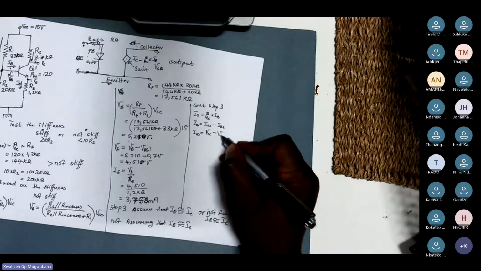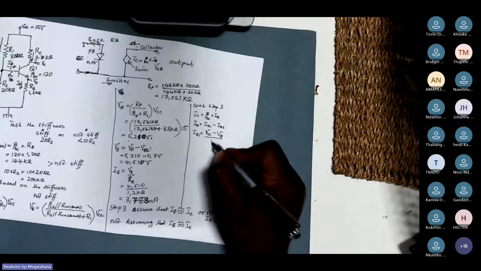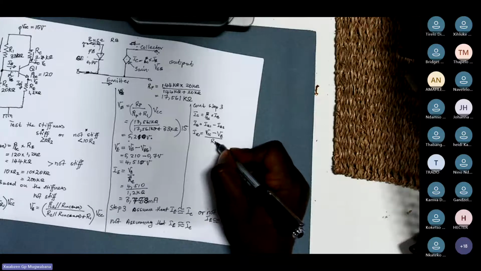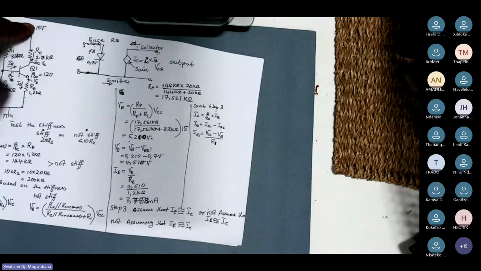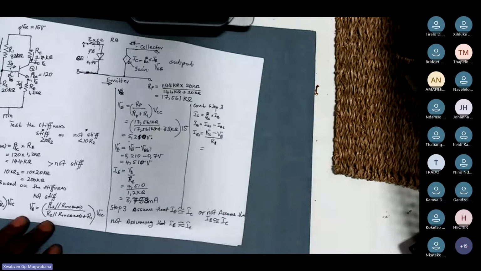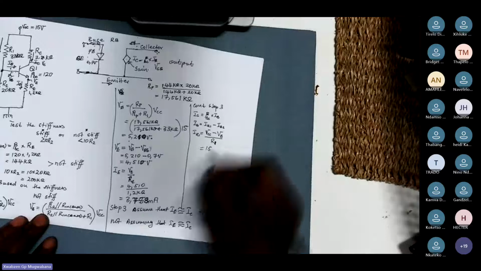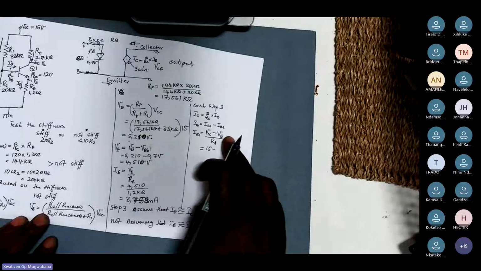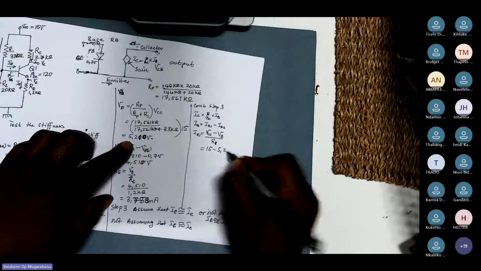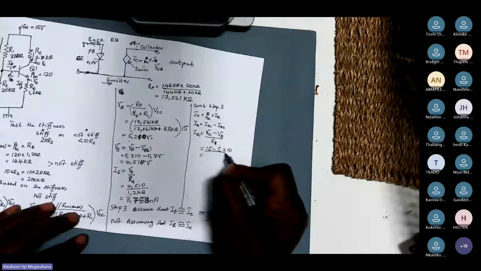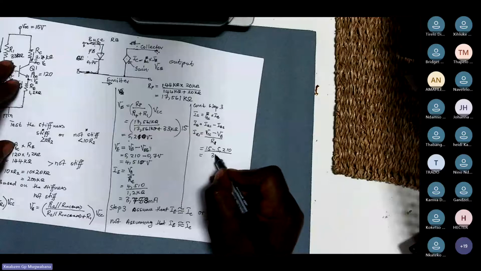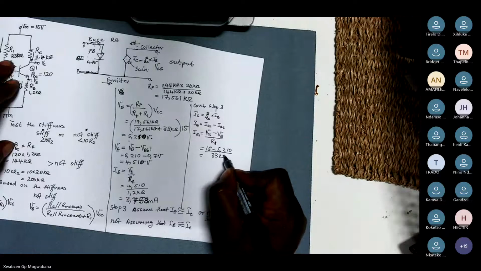VCC is the supply voltage. VB is the voltage across the lower resistor, which means this voltage plus that voltage must give you that voltage there. I hope we understand each other at this point. In this case, my VCC is 15 minus VB, which is 5,210, divided by R1, which is 33 kilo ohms.